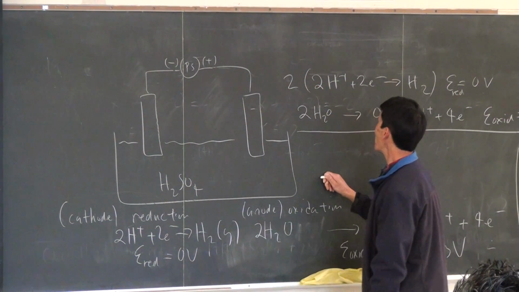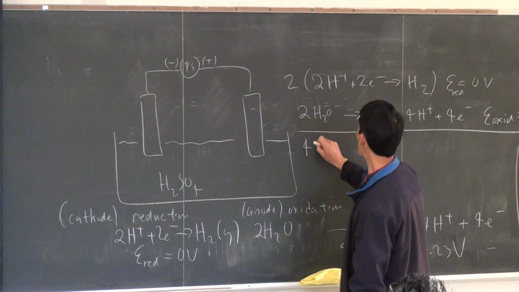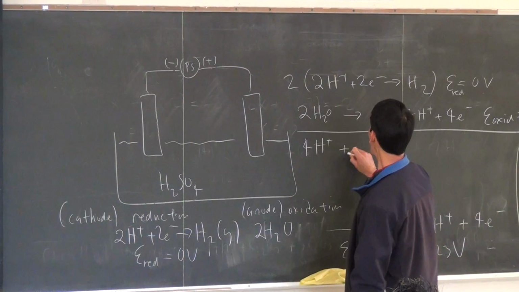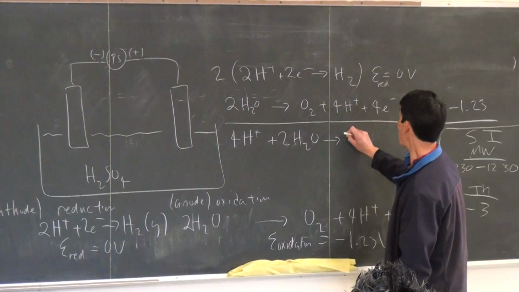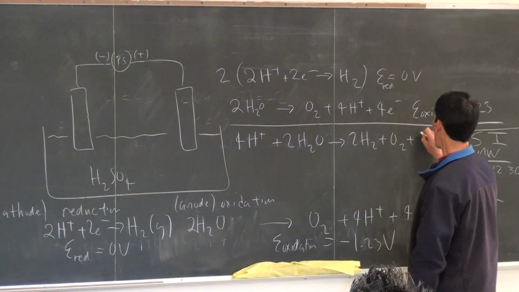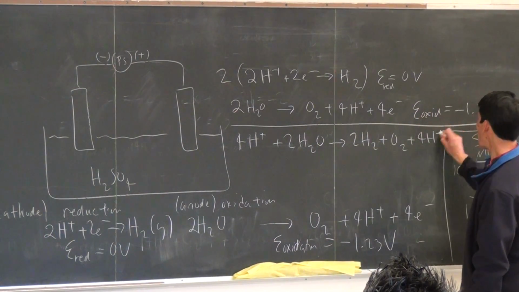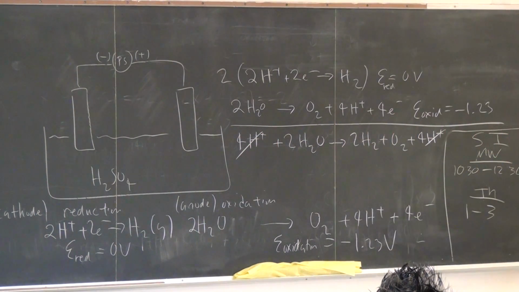So when we do that, our balanced reaction, we're going to have 4H plus, 2H2O going to 2H2 plus O2 plus 4H plus. So note that the H pluses cancel out. And now we're left with our balanced overall reaction, split water.